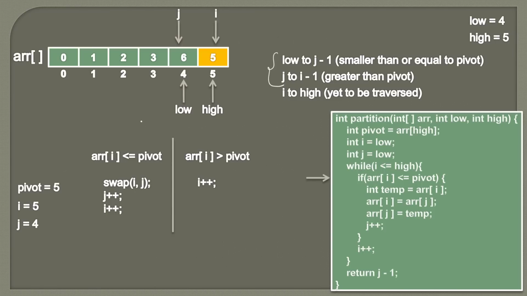So when array of I is equal to pivot, we need to throw whatever value is at the ith index to j and take its value. So we first perform the swap. So 6 comes here and 5 goes there. We have placed 5 at its correct position, which is our pivot position. So we increment j.